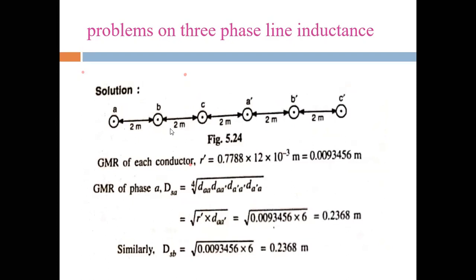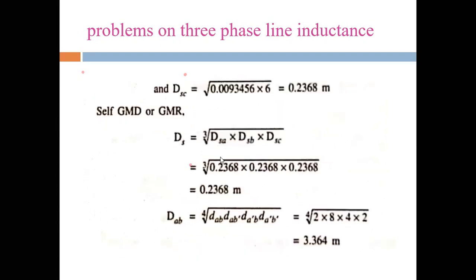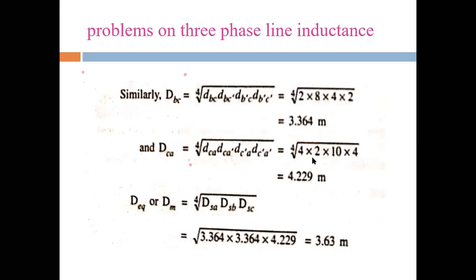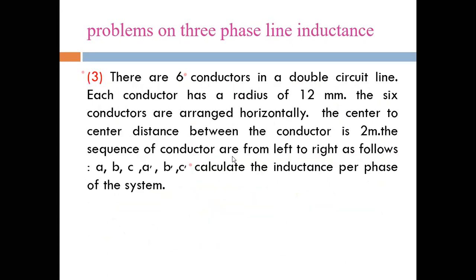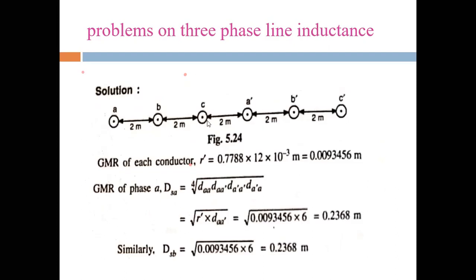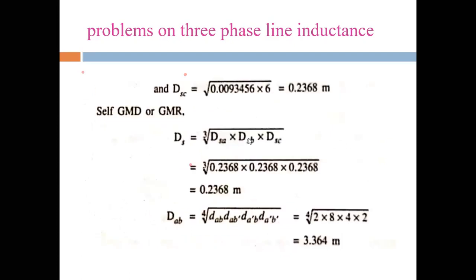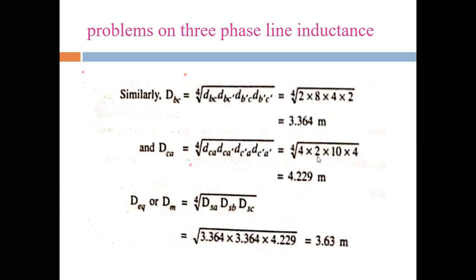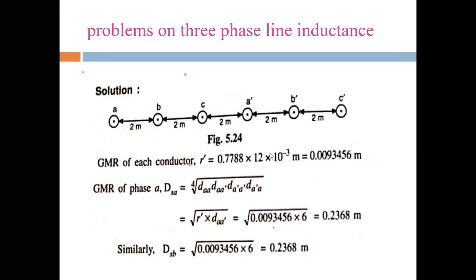That is 2 plus 2, equal to 4, into CA dash. The distance between C to A dash is 2 meters, into C dash to A. What is the distance between C dash to A?